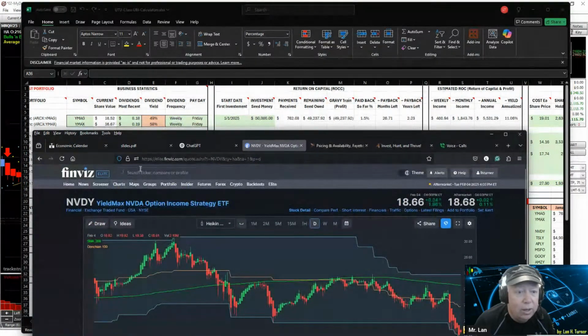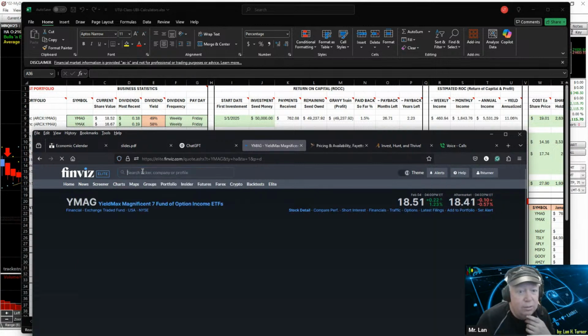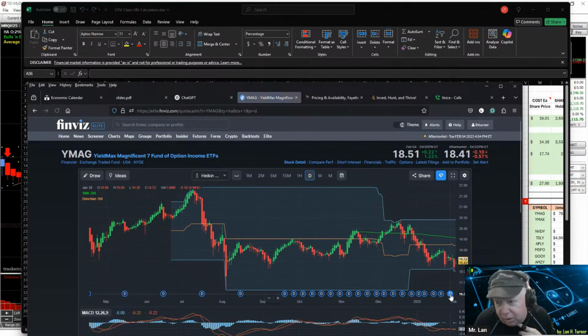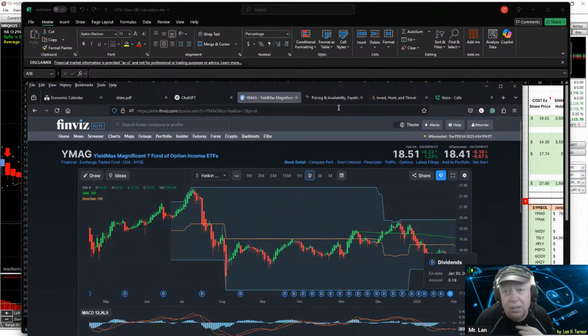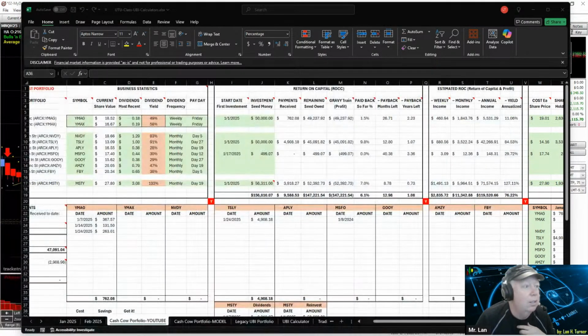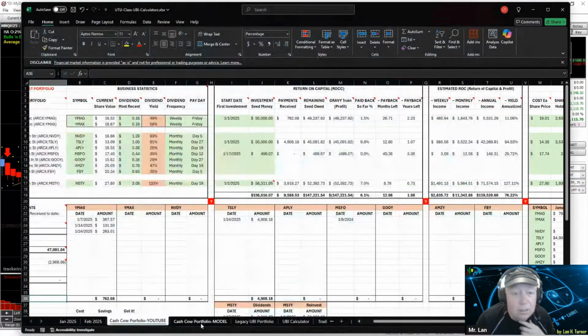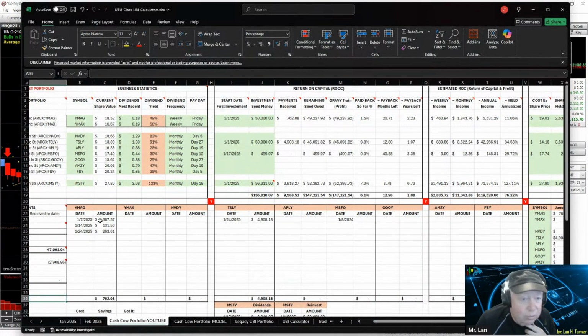So let's go look at YMAG. Is that YMAG? Oh, that's NVIDIA. YMAG. Let's look and see just for fun. Did we make any? This one here is 19 cents on January 30th. 19 cents on January 30th on YMAG. If we come to YMAG, January, oh, we do have one we can enter.